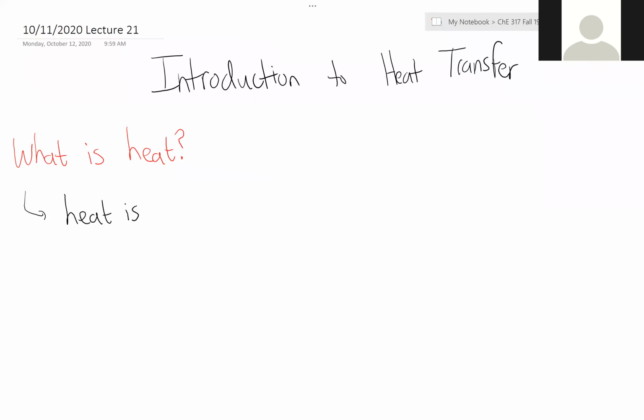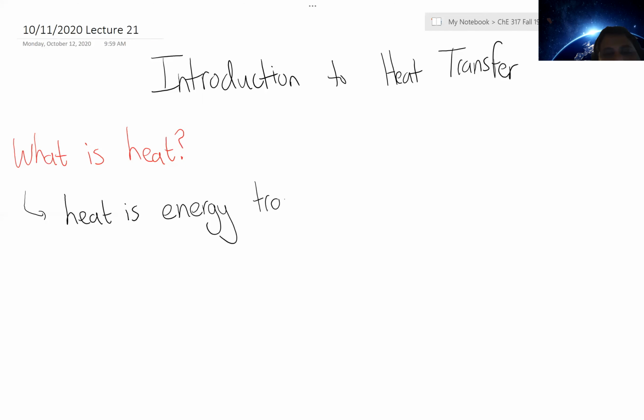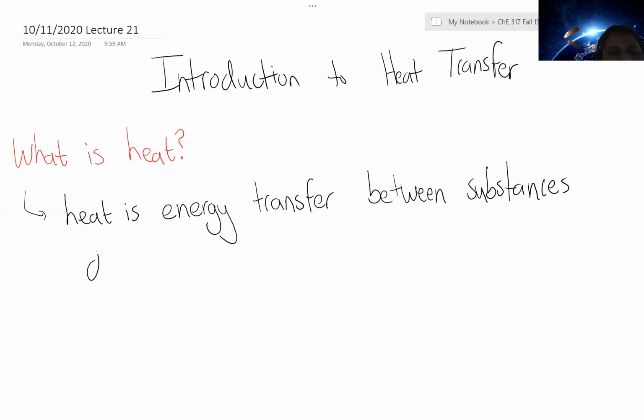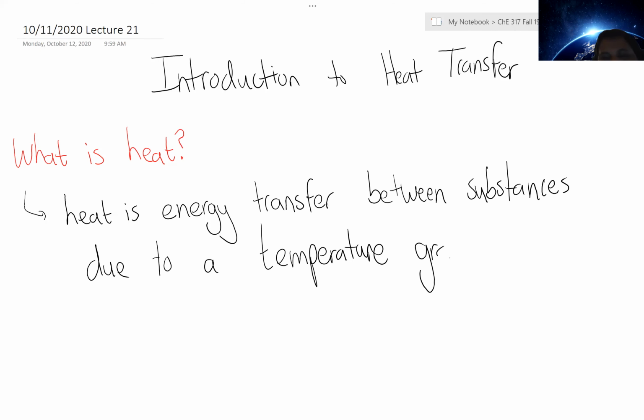I would state heat exists as an energy transfer between matter, substances, objects, due to a temperature gradient.